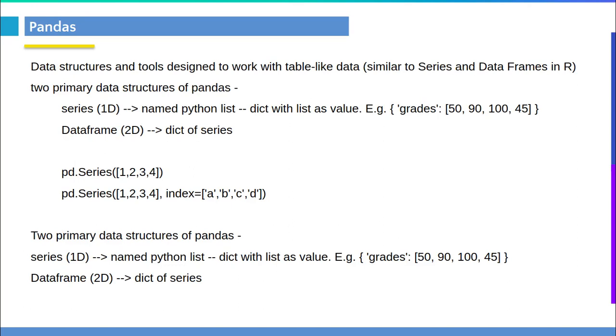As we have discussed, there are two data structures: one is series and the second is data frame. Series is one-dimensional and data frame is two-dimensional. To understand it in a simple way, a data frame is a dictionary of series, and a series is a one-dimensional dictionary of a list kind of thing, where we see a named list available.